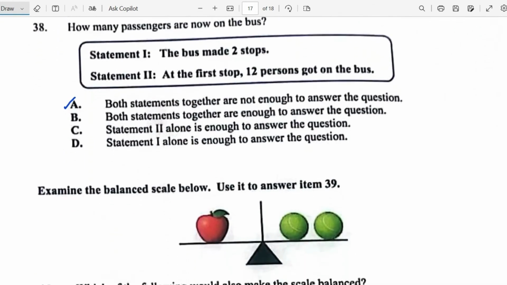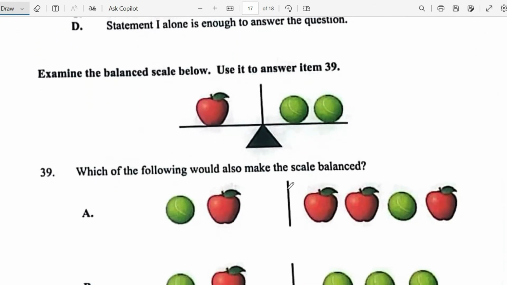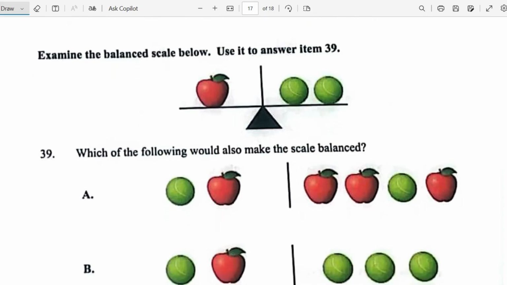All right, let's look at number 39. We're almost to the end. Examine the balance scale and use it to answer item 39. So 1 apple is equal to 2 balls. It wouldn't be A because we have 1 apple here and we have more apples than balls over this side.